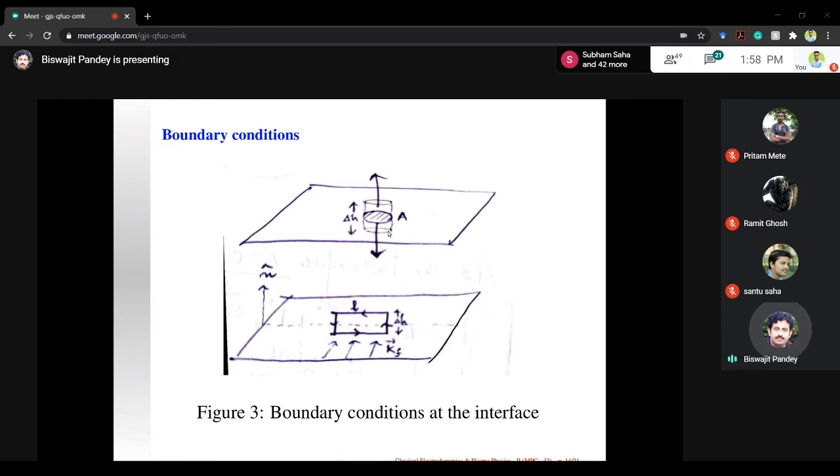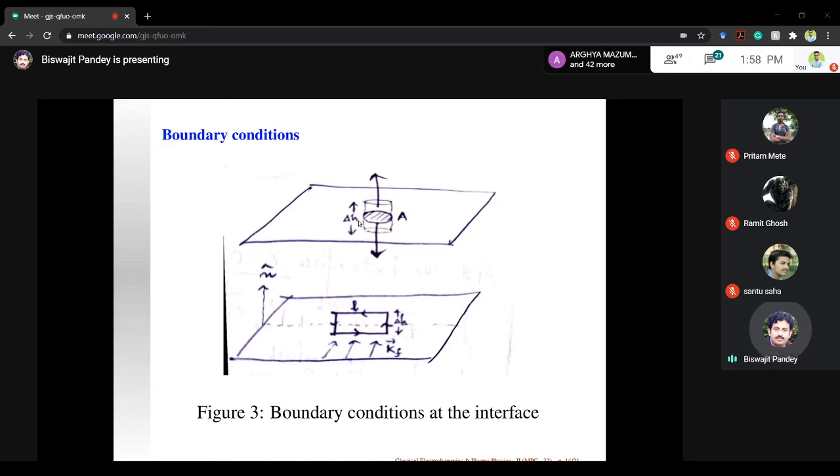Now if I apply Gauss's law here and take the flux of D across this closed cylindrical surface, one can choose any cylindrical pillbox, and if you gradually decrease the height of the pillbox, smaller and smaller, in the limit delta h tends to 0, where delta h is the height of the cylindrical pillbox, the contribution of the side surface will be 0 because delta h tends to 0.